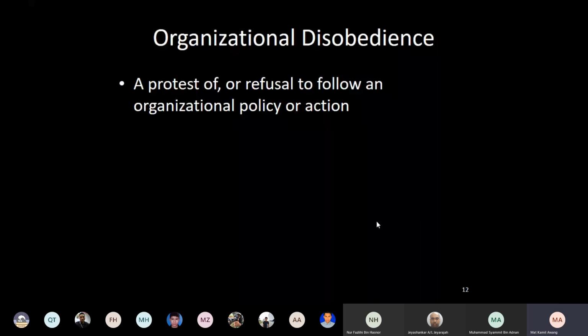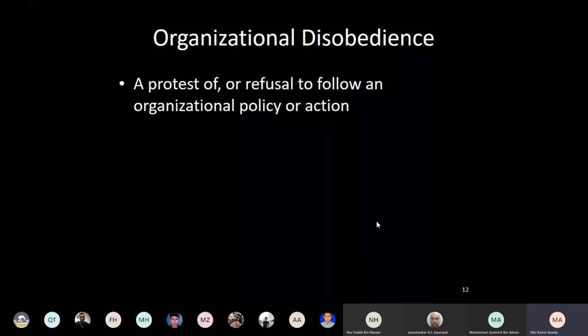Organizational disobedience. What is organizational disobedience? It is a protest of or refusal to follow an organizational policy or action. When you disobey a certain policy or certain action of the organization.